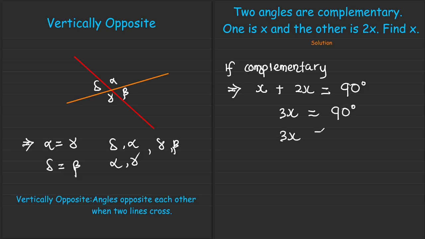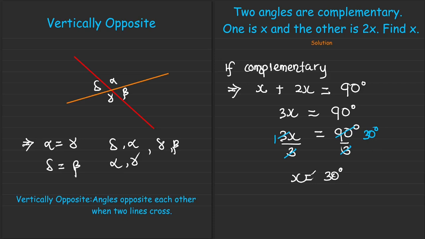Since it is x we want and not 3x, we are going to divide both sides by 3. With that, this x divides this x to give us 1, and 3 divides 90 to give us 30 degrees. Hence, we have our x being equal to 30 degrees. And that is all.